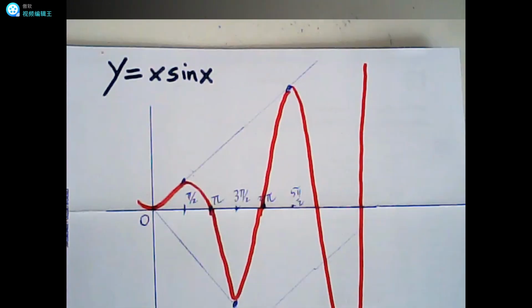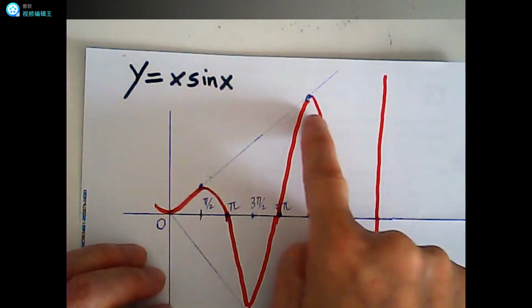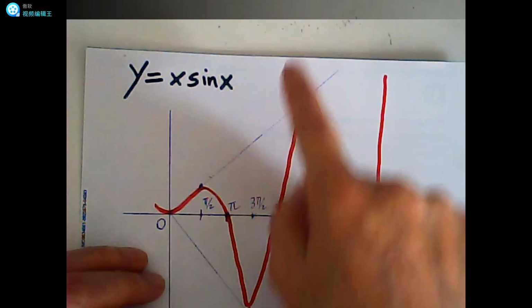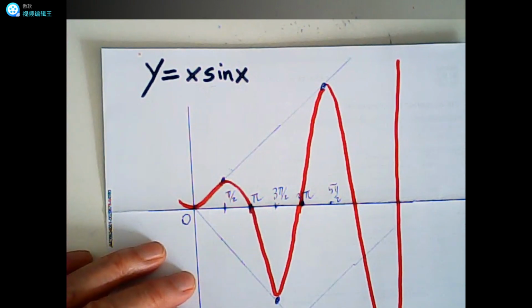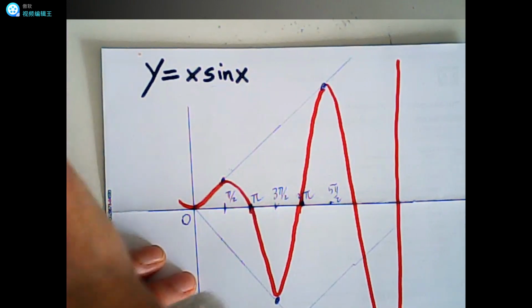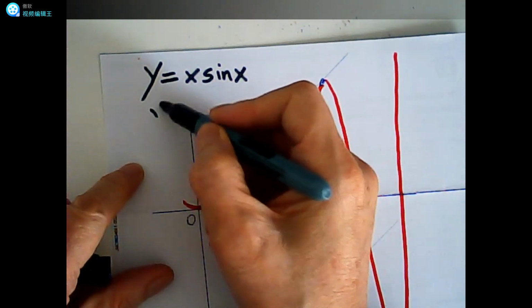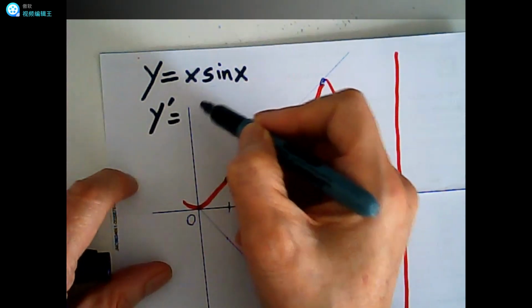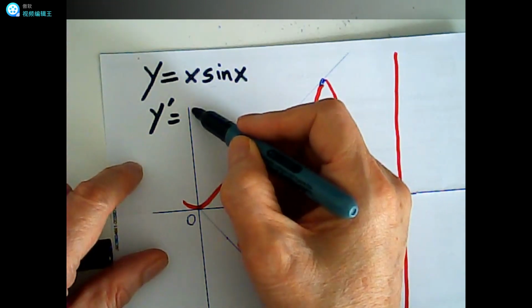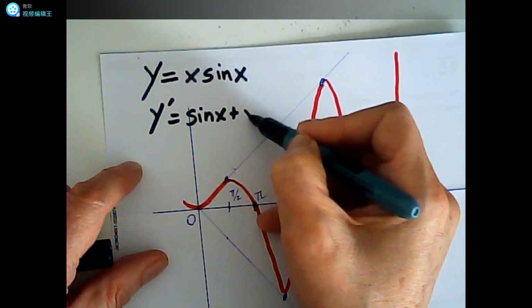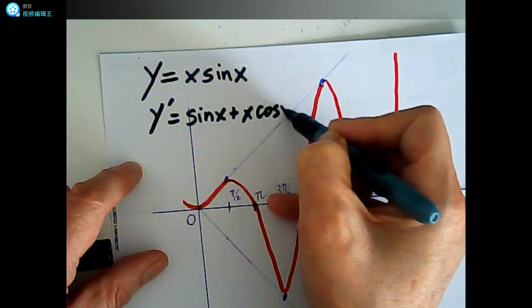Now, how about the gradient at the maximum or minimum point? Let's see, the derivative of y equals x sine x is sine x plus x cosine x.